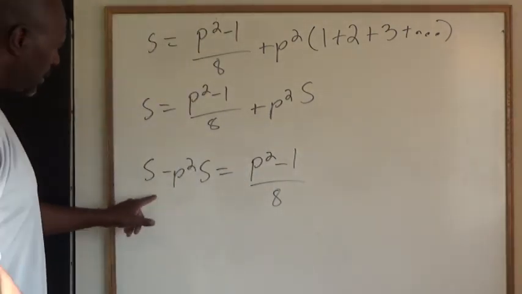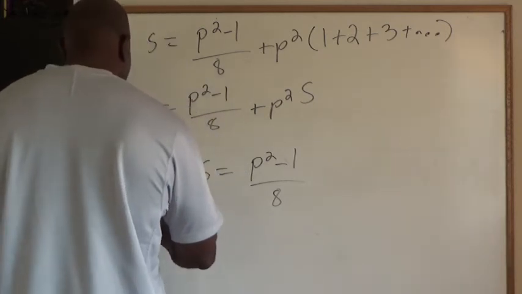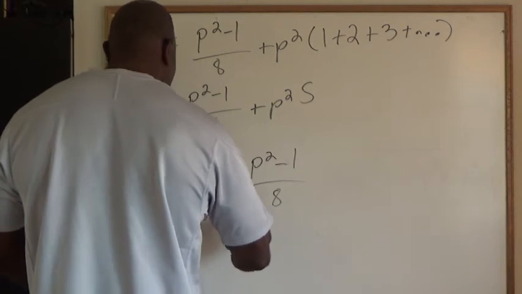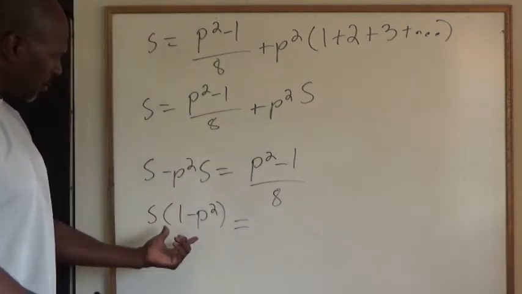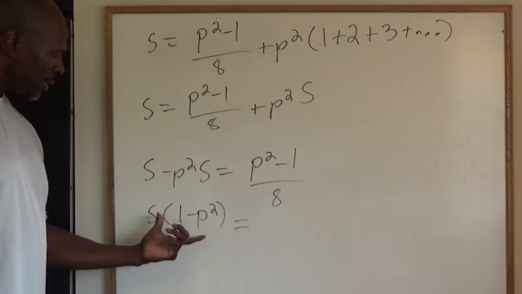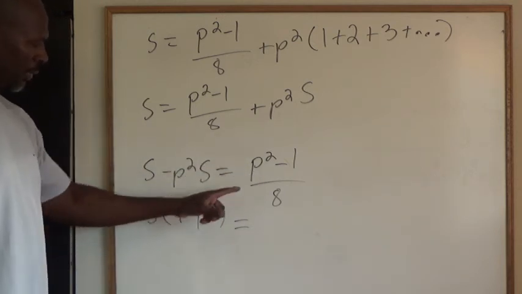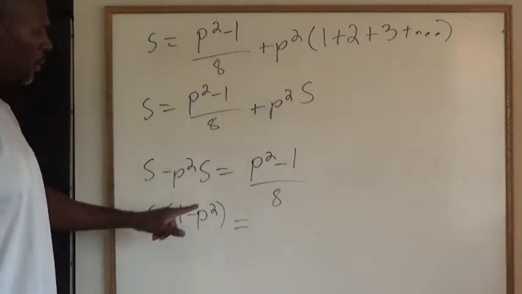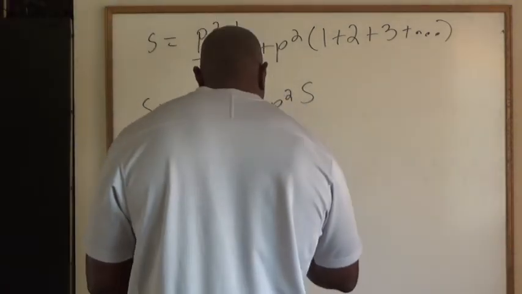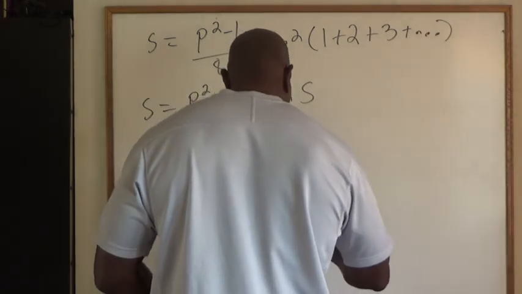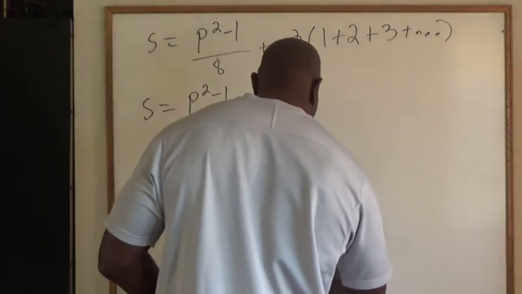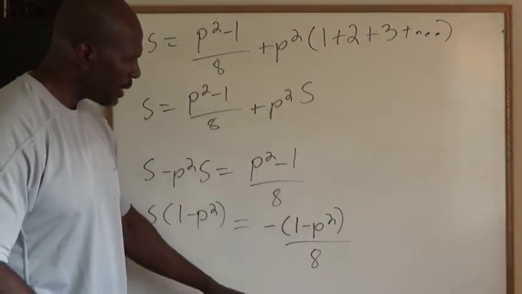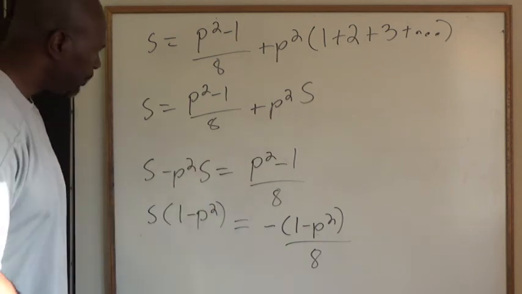Factor an S out of here. So S times (1 minus p squared) equals, now I have 1 minus p squared here, so I want to match this. All I have to do is multiply this by -1 to make this become 1 minus p squared. So say negative (1 minus p squared) over 8. Hopefully you can see if I multiply 1 minus p squared times -1, I get p squared minus 1.